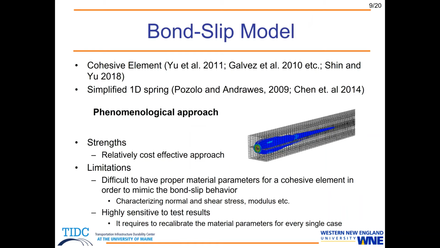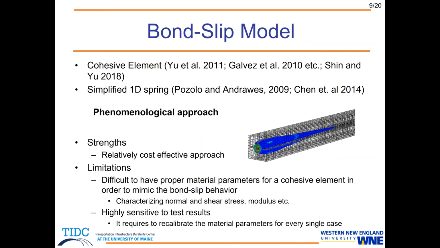So it is definitely depending on the wires and also testing. So in order to use this model, I have to calibrate the material parameters every single time, but not only one, there are multiple parameters.